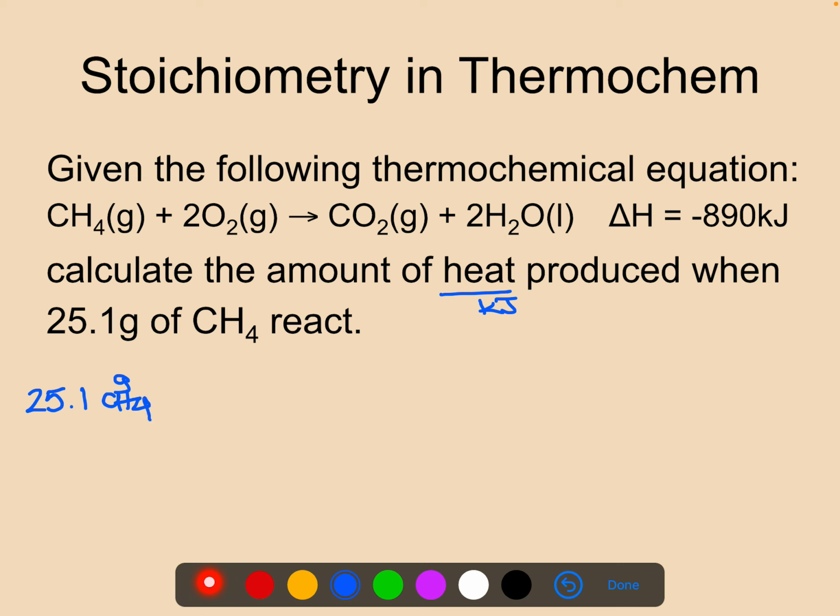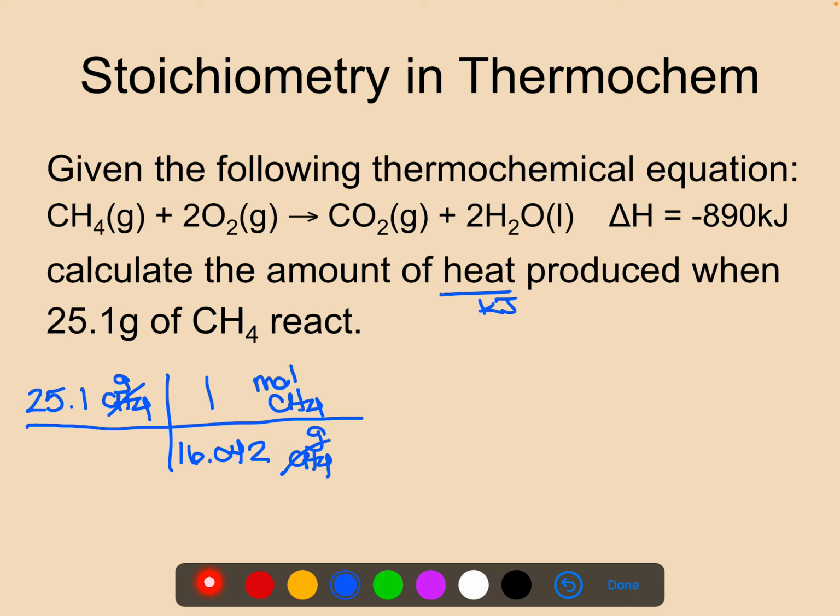Before we can get to kilojoules, we need moles. So moles is still always our first step. We need to get rid of grams, so it will go down at the bottom to change into moles on top. The molar mass for methane is 16.042 grams, so that's going to cancel out grams.